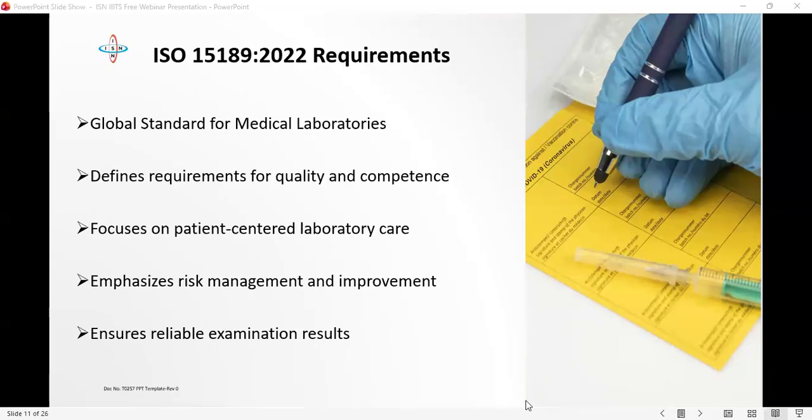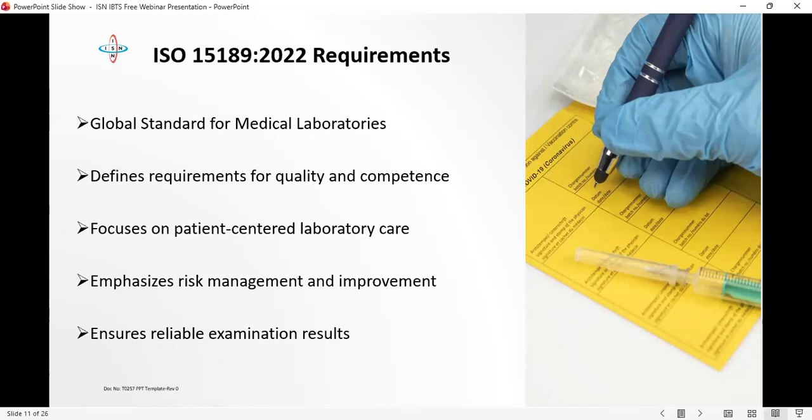Thank you so much. So as I was saying, the International Organization for Standardization has evolved this requirement for testing laboratories. So it's standard procedures for labs that perform tests that are used by doctors.